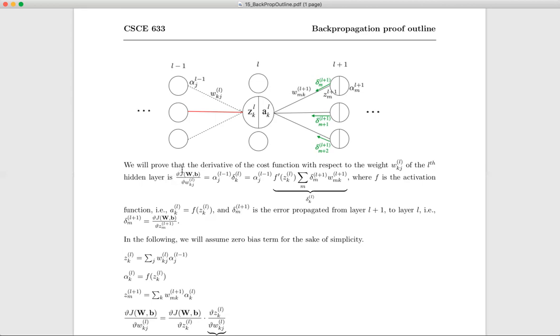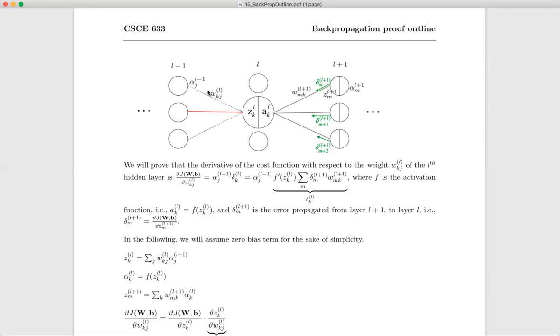So J is the loss function, the cost function of our neural network, and the derivative of our cost function for each of the weights W from the inner layer L, Kj, means that weight connects the jth node of the L-1 layer with the kth node of the L layer.